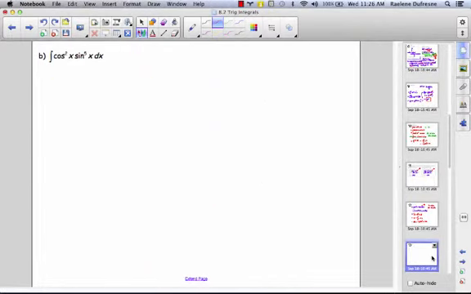In part B, we want to integrate cosine squared x sine to the 5x dx. Well, we notice here that we have an odd sine x factor, so we are going to expand this by freeing or separating one of the sine x's and consider that it's really being joined by dx.